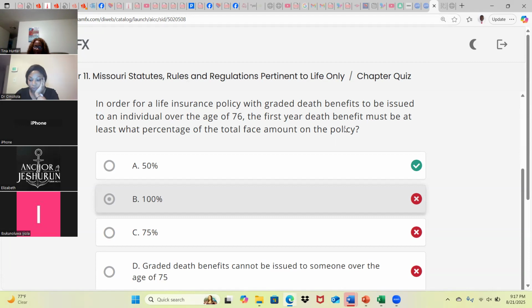Some policies will start with a smaller death benefit and then increase. In the case that I showed you, it's starting with the face value, which is $1.5 million, and then it grows. In some policies, in exchange for paying a lower premium, the death benefit is going to be lower, but it's going to gradually increase. And this is basically saying that for graded, it has to be at least 50% of what the face value is supposed to be.